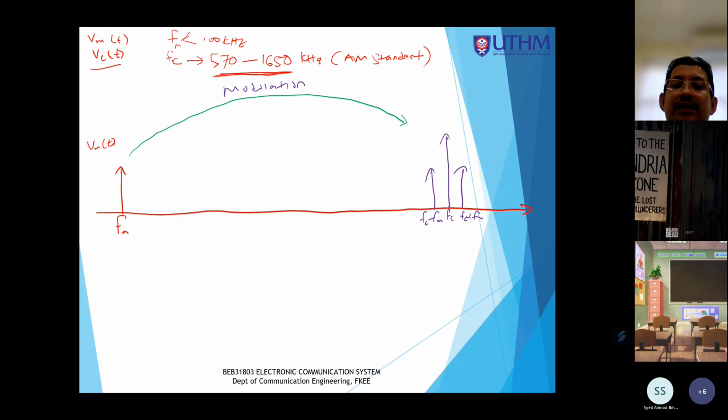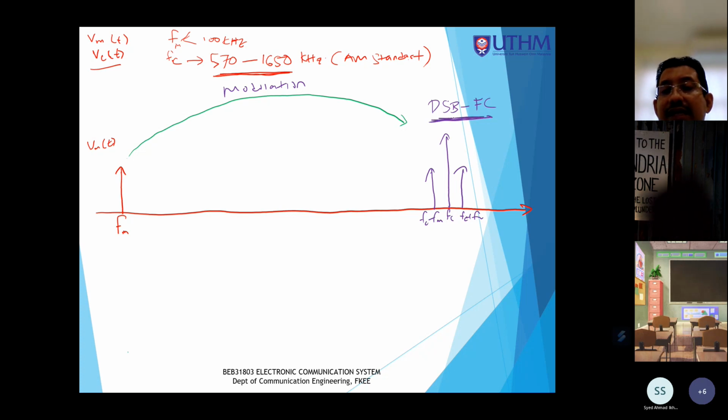Okay, so apabila kita buat modulation, kita translate kepada high frequency. For example, I produce a double sideband full carrier. So inilah yang kita hantar ke dalam medium. This is the signal that we transmit through the medium, dan signal ini adalah dalam julat RF, radio frequency.